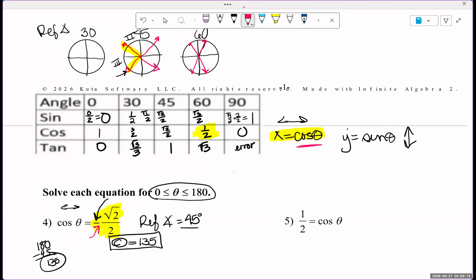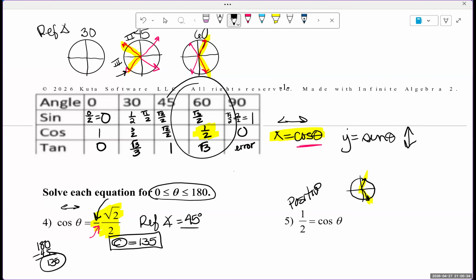Since cosine is x and we want this to be positive, we are talking about these two.